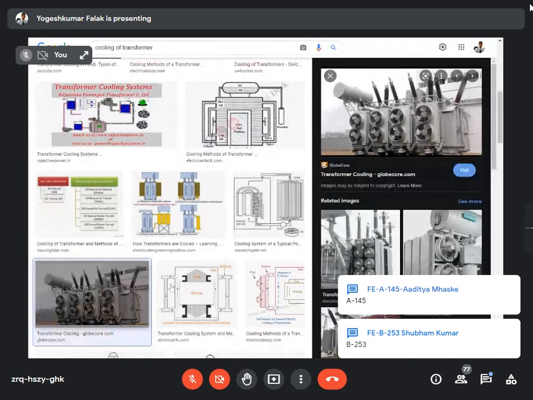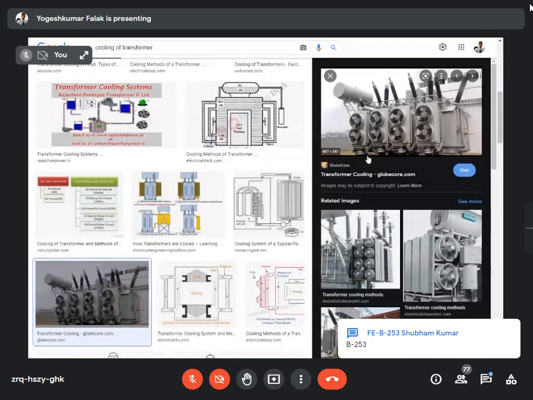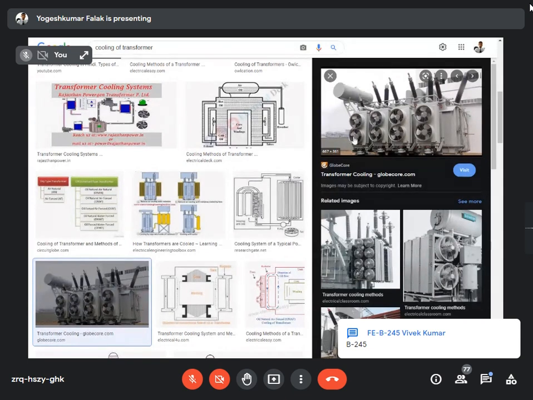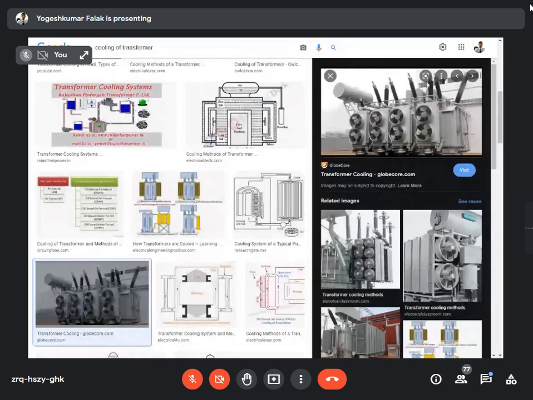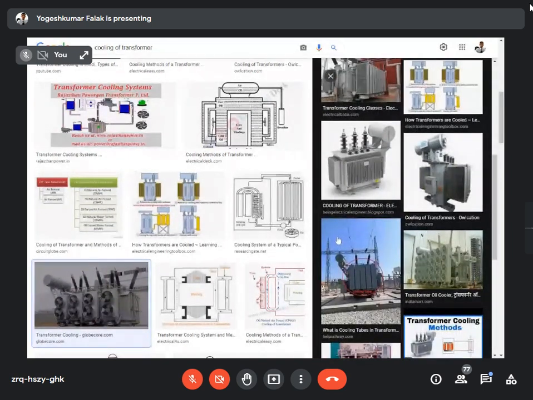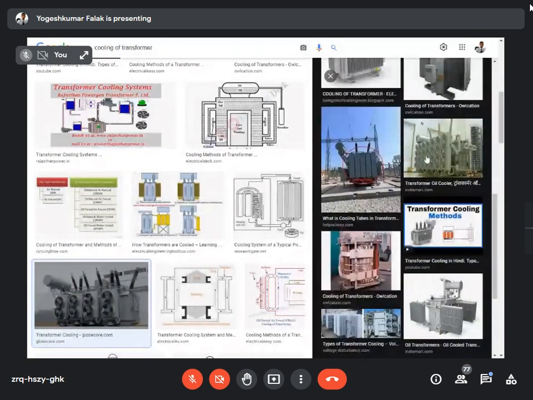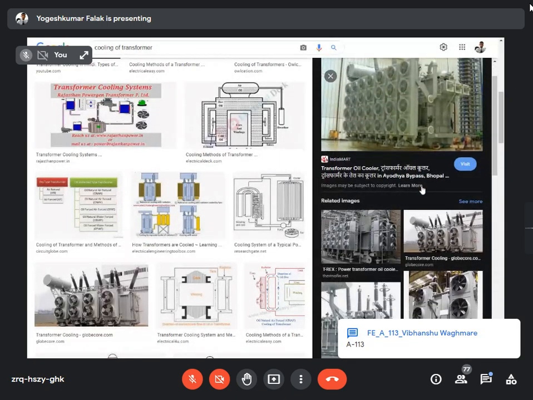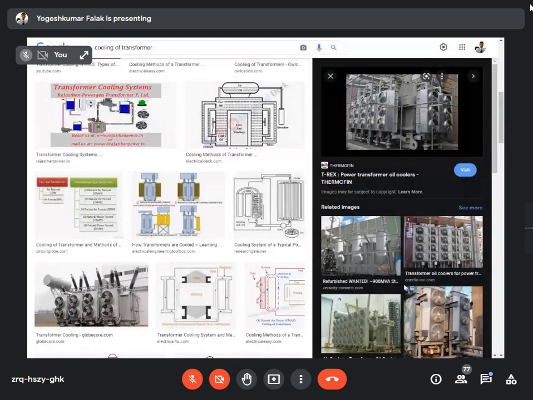You see this one also. This one is called a transformer. Here you can see a total of 8 fans. Such an arrangement is to be done. Fans are installed like this to cool the transformer.